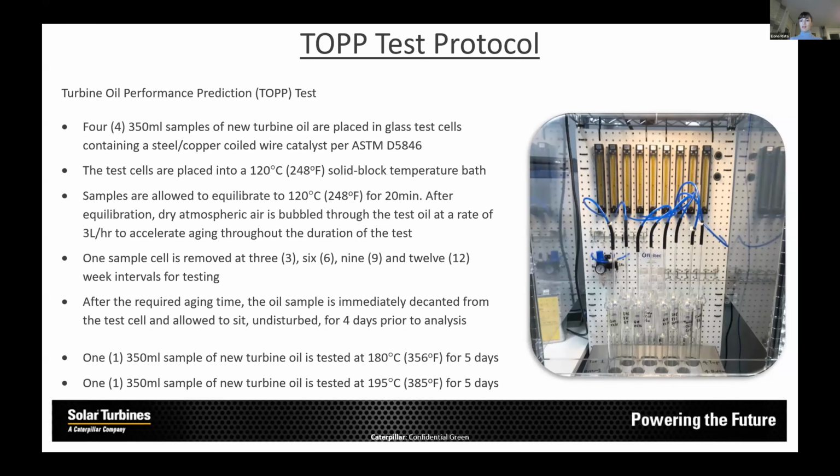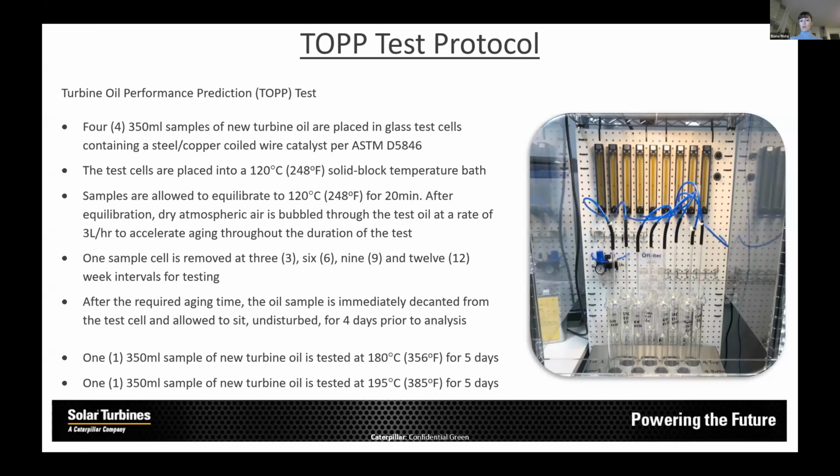These glass samples are then inserted in a solid temperature bath for the next 12 weeks, where the temperature is maintained at 120 degrees Celsius. In addition to the catalyst and the temperature, dry atmospheric air is bubbled through the sample as well, again with a goal to speed up the rate of degradation.